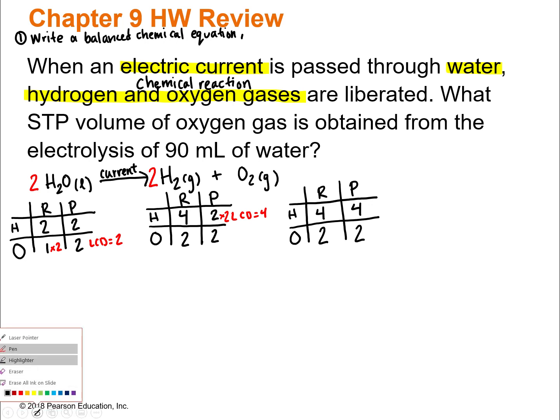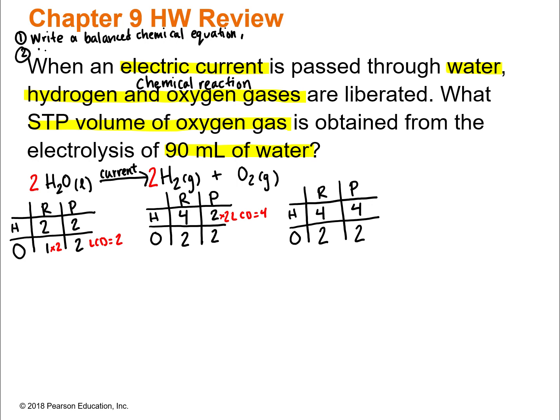Let's go back to the problem. We have to figure out the STP volume of oxygen gas that we get from 90 milliliters of water. Now, we haven't done anything where you have to figure out taking a liquid volume, but there's one thing that we know from chapter 2 about water.